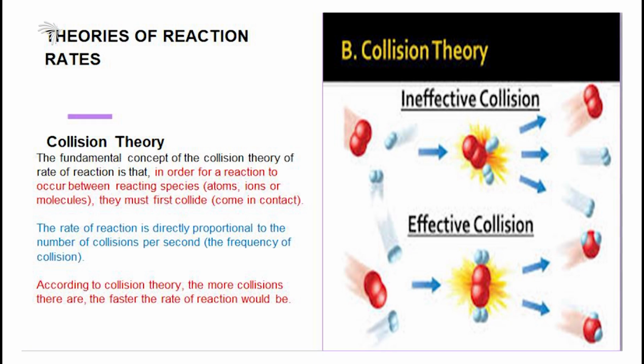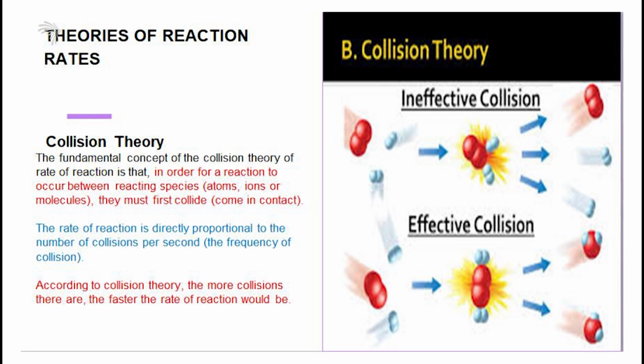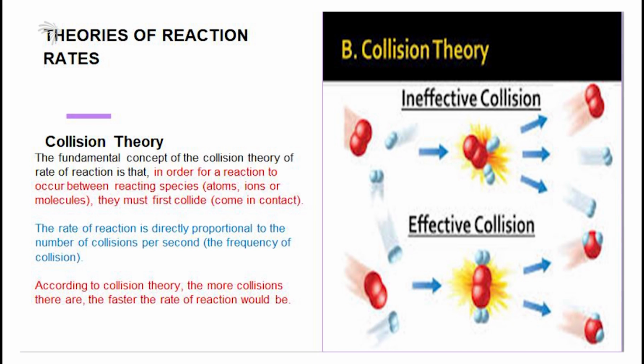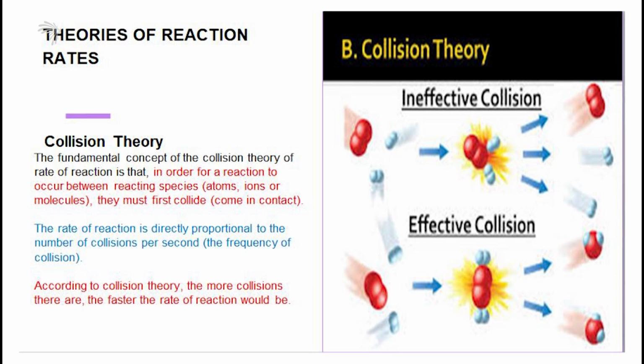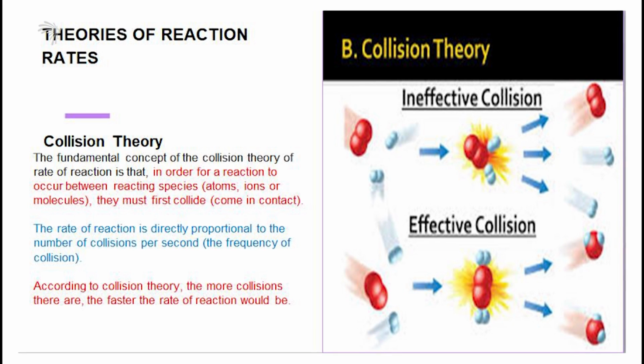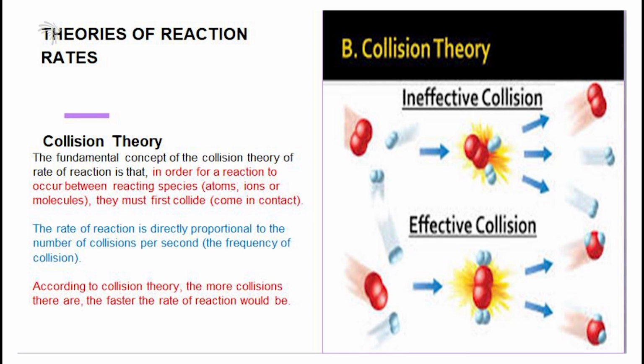The fundamental concept of the collision theory of rate of reaction is that in order for a reaction to occur between reacting species, namely atoms, ions, or molecules, they must first collide.